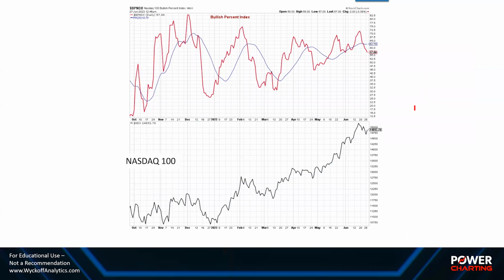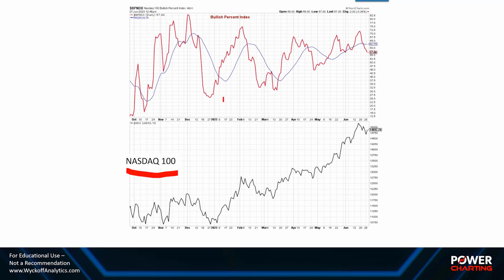Speaking of which, let's look at a form of breadth. This is the Bullish Percent Index. This is all of the stocks in the Nasdaq 100, and it is using the Bullish Percent concept, which is counting the breakouts of the point and figure charts for the individual stocks. So each stock gets an equal vote.